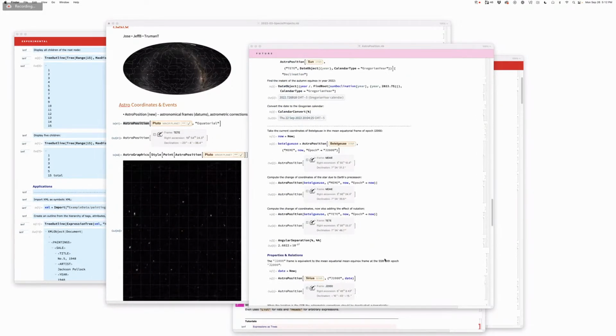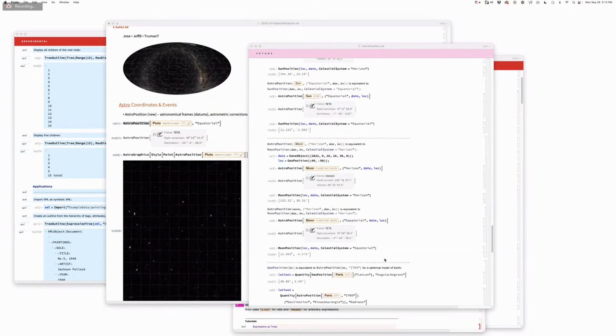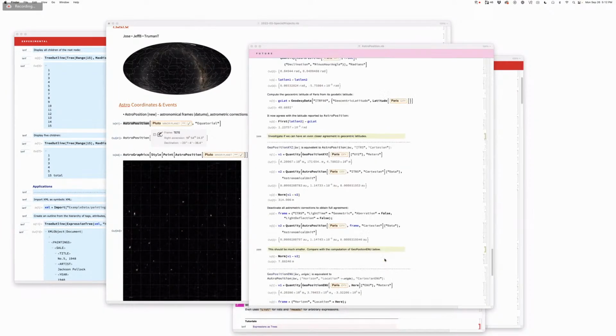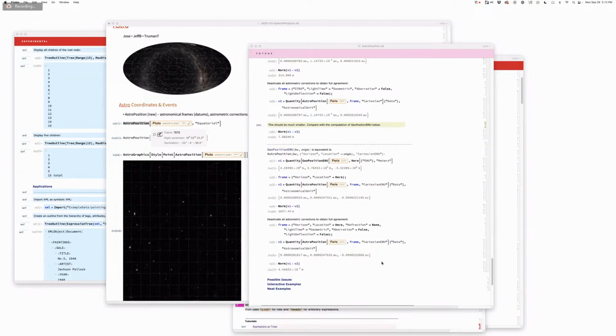Wow. Yes, so these are all computations. And these you are looking at right now, for example, that last one, this GeoPositionENU. GeoPositionENU gives you a vector from a location to another one on the Earth. Yep. Which is something that astroposition can do. But of course, in order to get the same result, you have to undo the corrections.